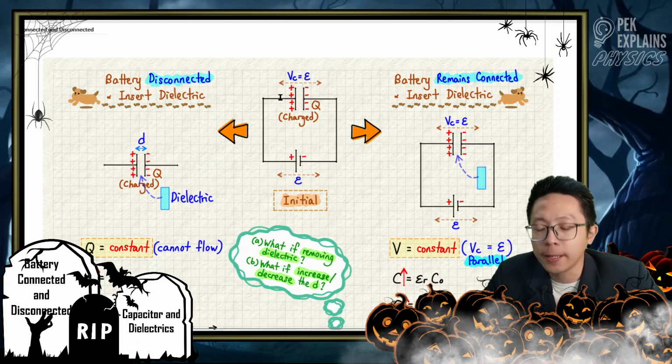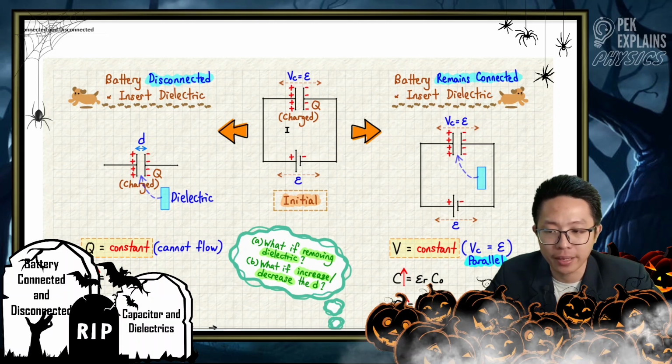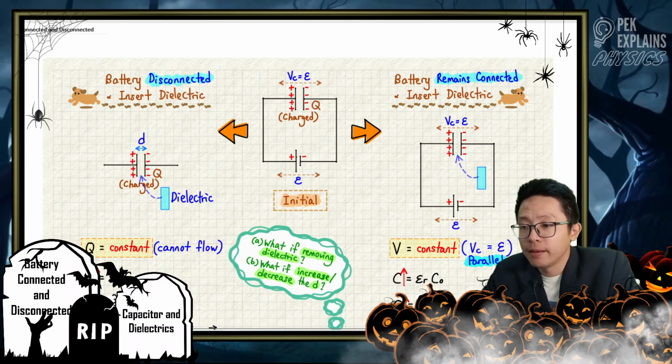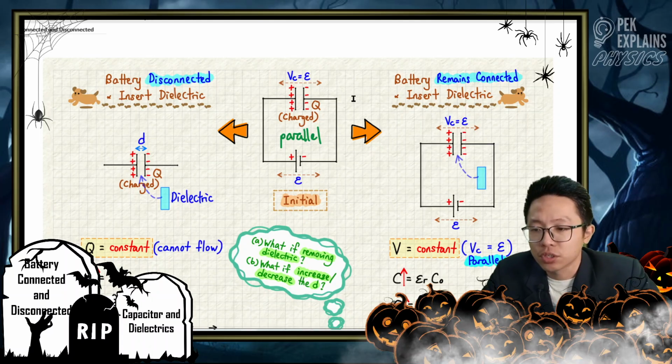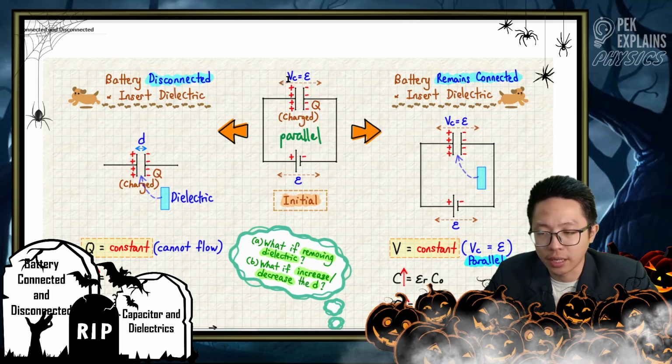Now, assume that this capacitor is initially fully charged by the battery. Since the capacitor and the battery are parallel to each other, the voltage across the capacitor has reached the same voltage as the battery.